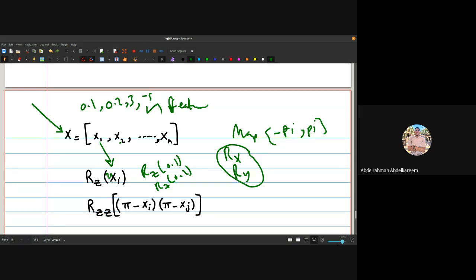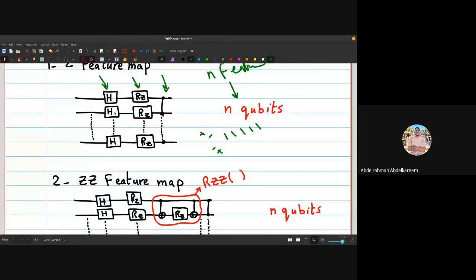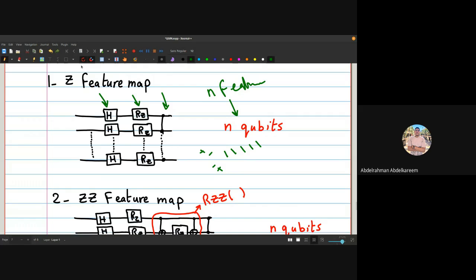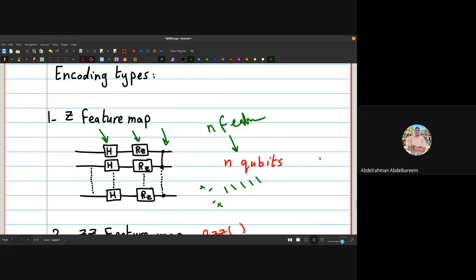It isn't much of a difference, but you multiply by 2 to match the papers or the related work. So we apply Hadamard gates on all qubits, then we inject the values for the data point into rotation Z gates. So this is one way of encoding the Z feature map.